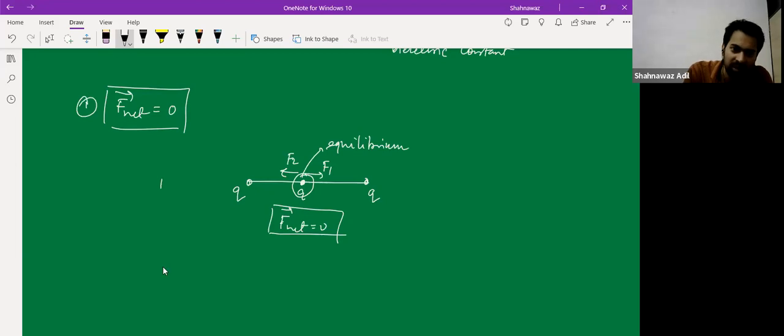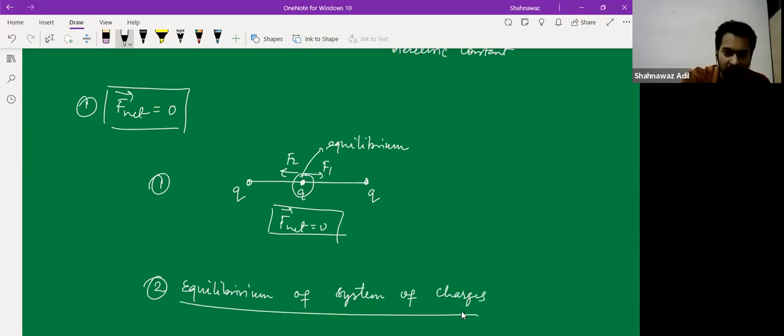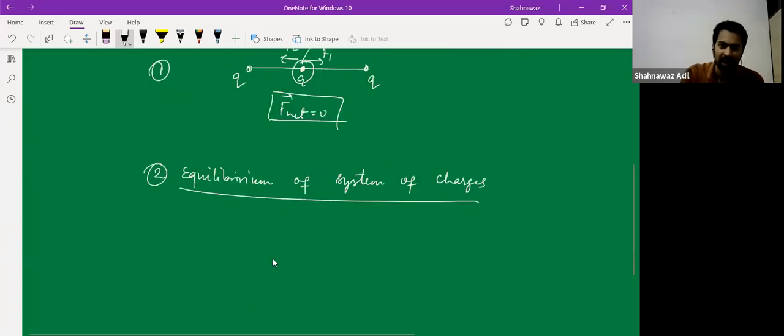But there is a second kind of equilibrium, which is called the equilibrium of a system of charges. So when you calculate, let's say this charge and this charge, this is one point, this is second point, and this is third point.